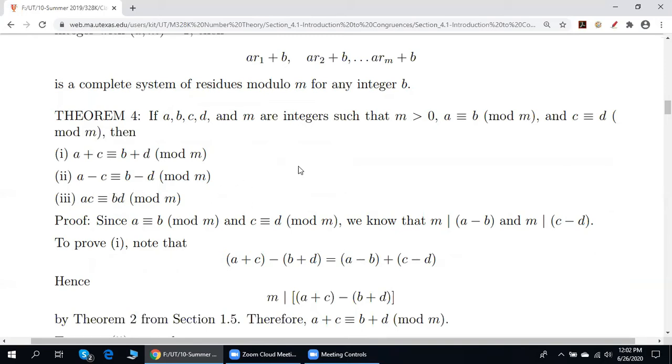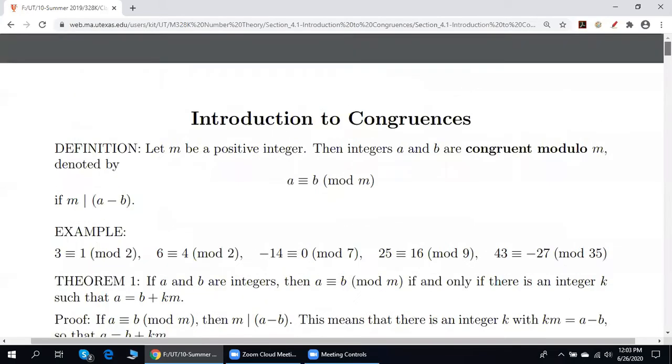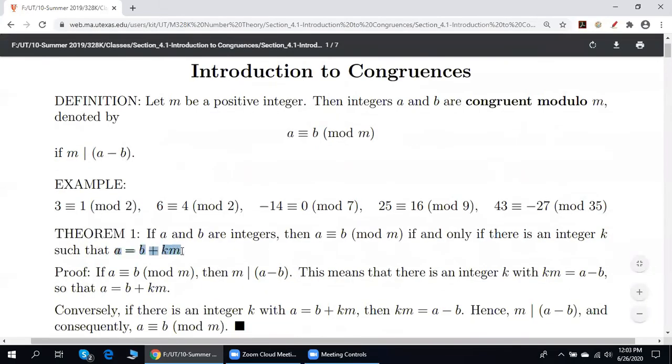In short, if we have two congruences modulo the same number m, we can add these congruences, we can subtract these congruences, we can multiply these congruences. Guys, this theorem tells us why it is convenient to use congruences instead of using these expressions.